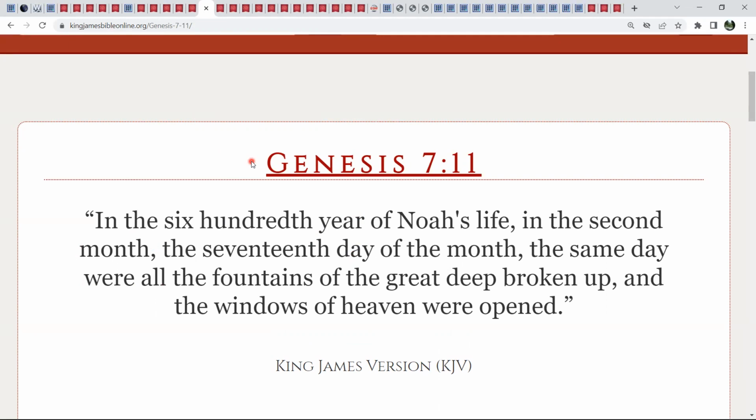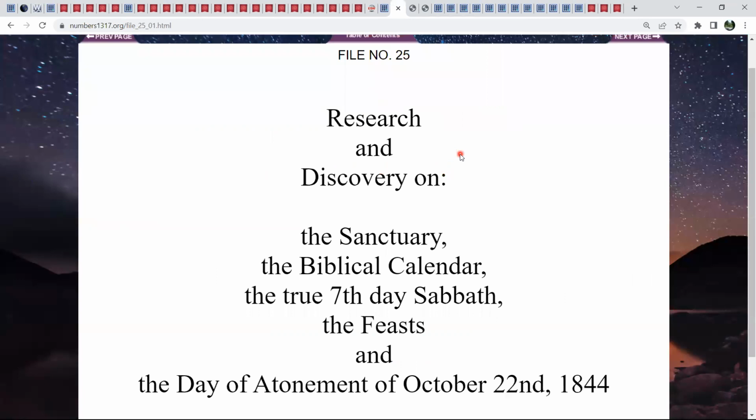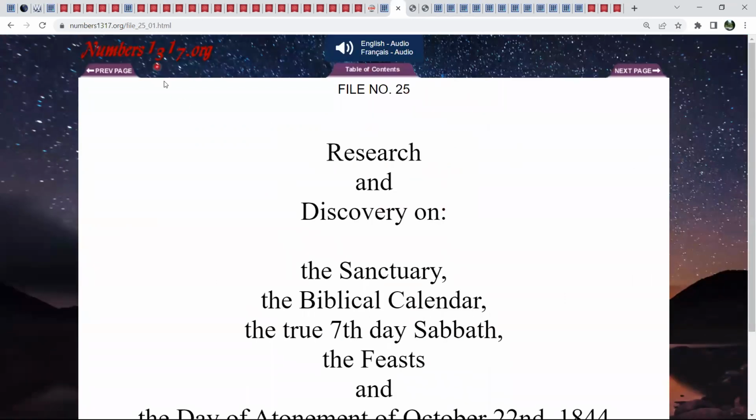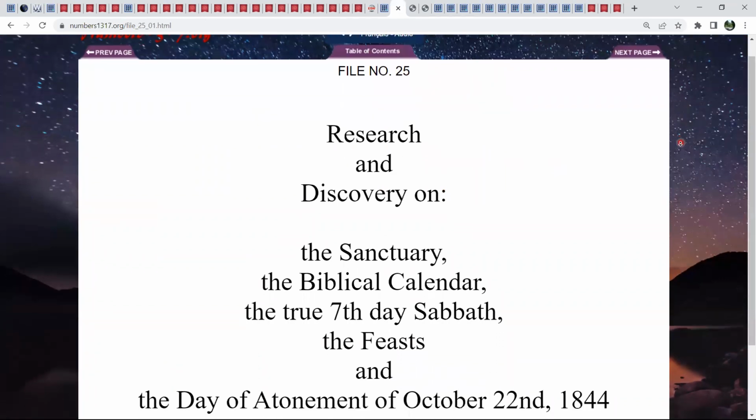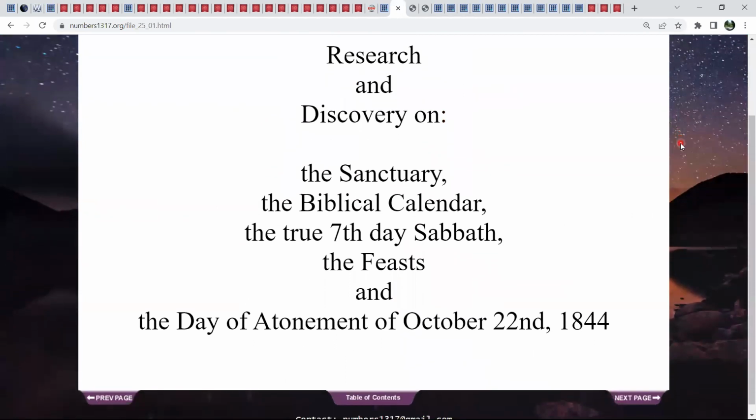Genesis chapter 7, verse 11 is actually the first synchronism and chronology of the Bible, which we present in Numbers 1317.org, right here on our website, in file number 25, Research and Discovery on the Sanctuary, the Biblical Calendar, the True 7-Day Sabbath, the Feast, and the Day of Atonement of October 22nd, 1844.